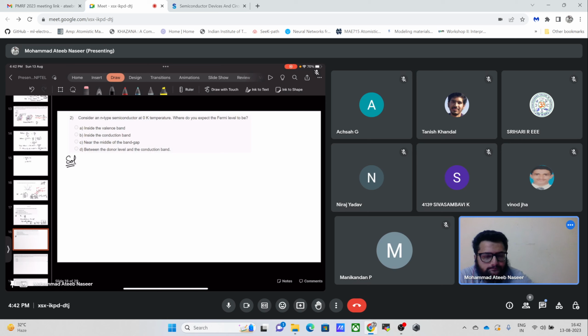It's B, nearby the conduction band. This is inside the conduction band. Would it lie inside the conduction band, or would it be the donor level? Okay, you are saying that you are confused between B and D. Yes, sure, sir. Okay, fine.